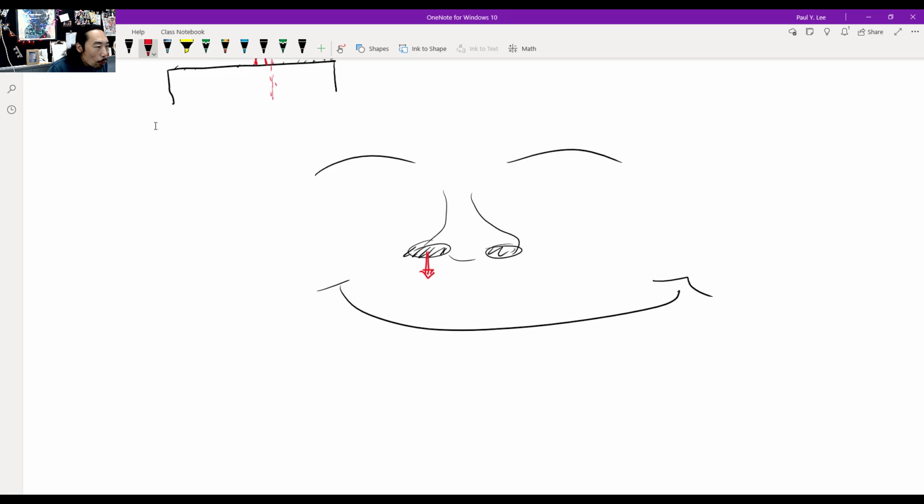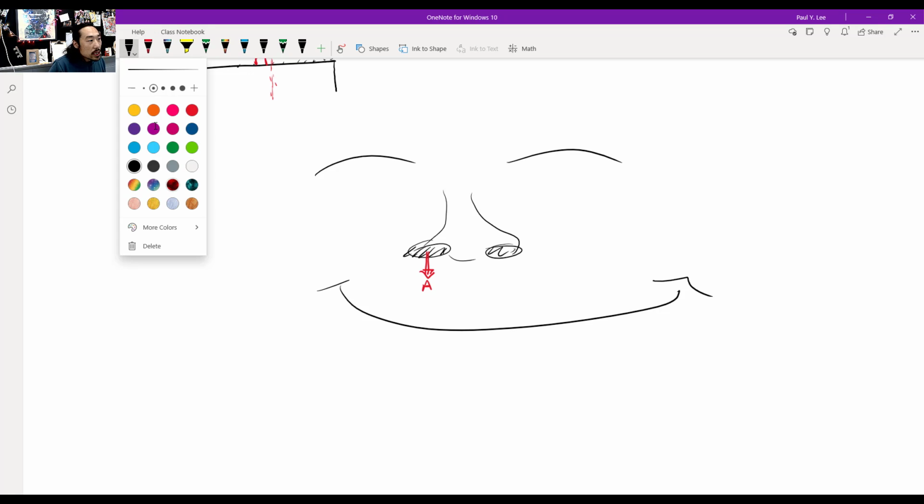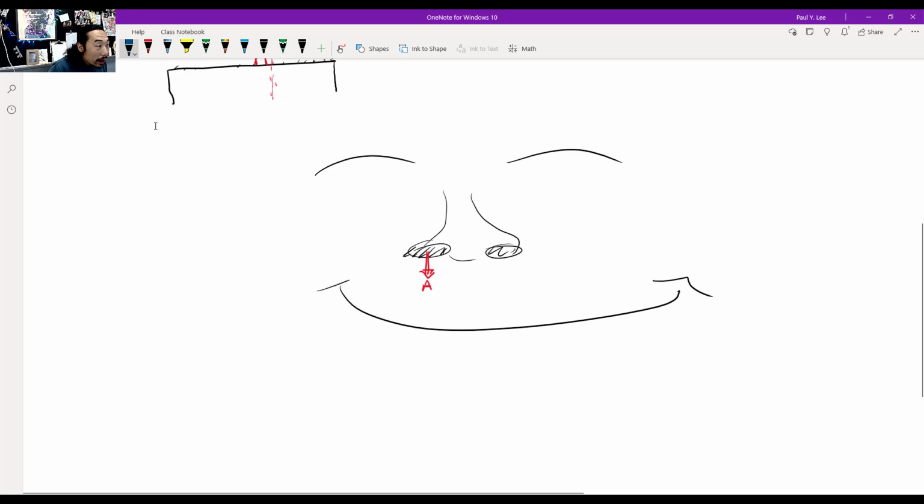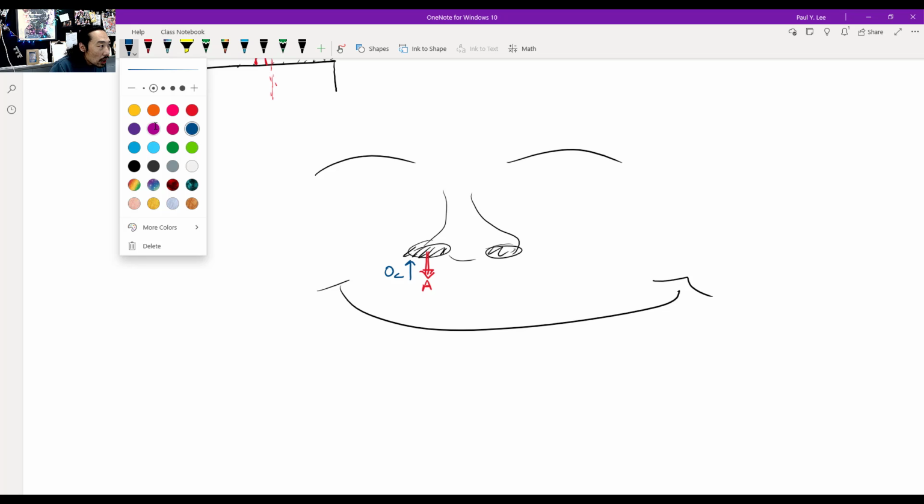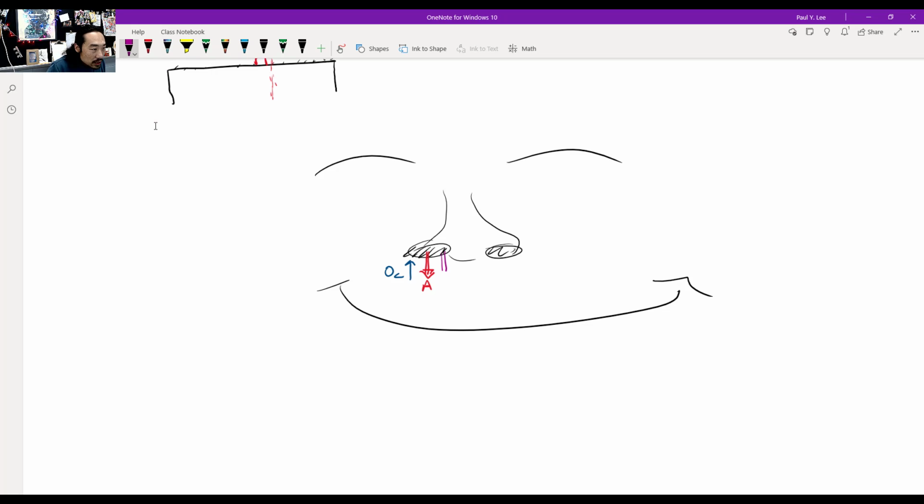Okay, and so when we're talking about flux, let's say we're not talking about electric flux, but the flux of oxygen or the flux of air, we'll do air in blue. Whenever you inhale, we have oxygen going into the nostrils, and when you exhale, I'll do this in a different color, we have I guess CO2 coming out of the nostrils.